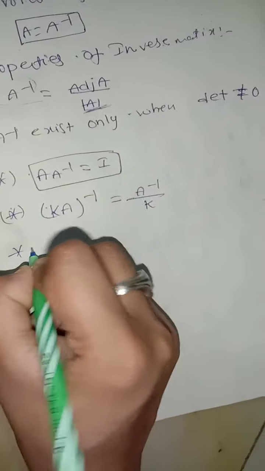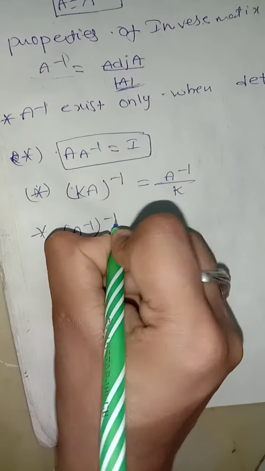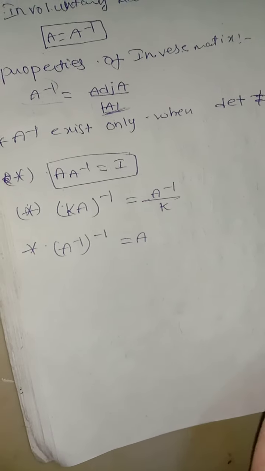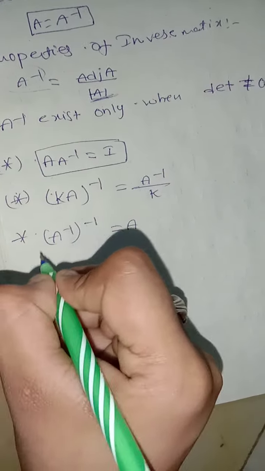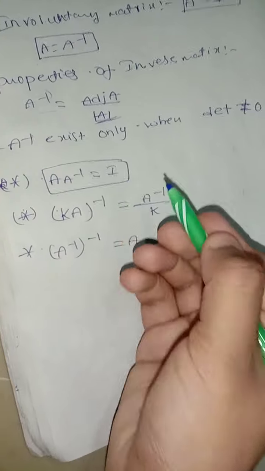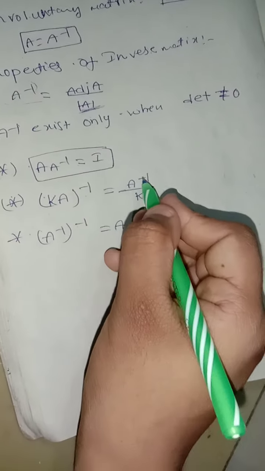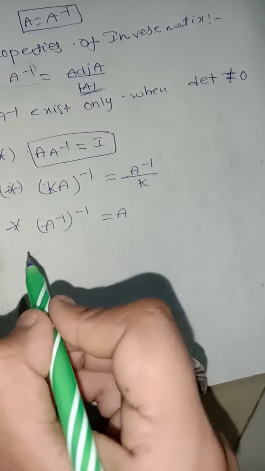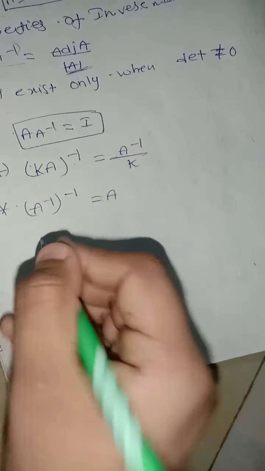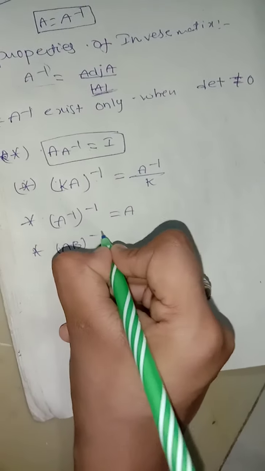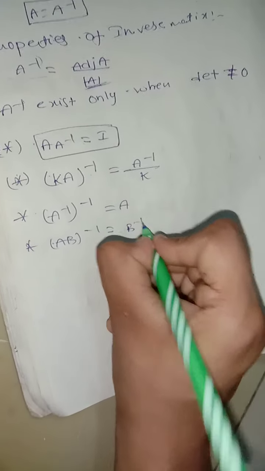Another one is A inverse whole inverse is equal to A. Then AB whole inverse equals B inverse A inverse.